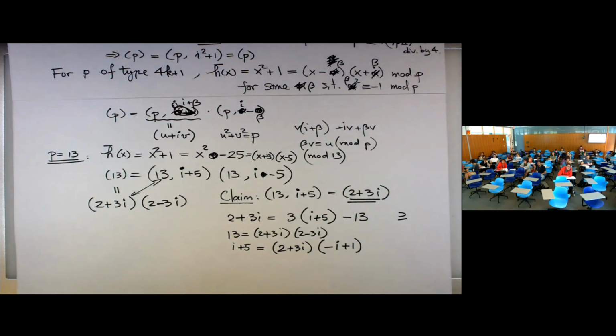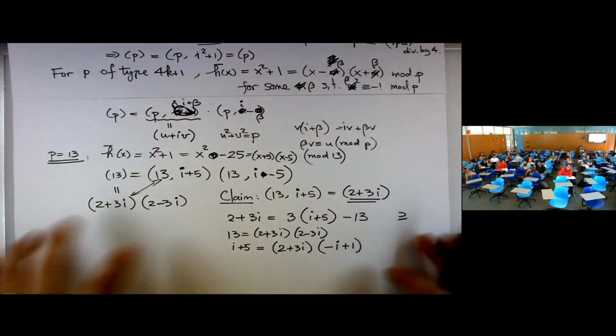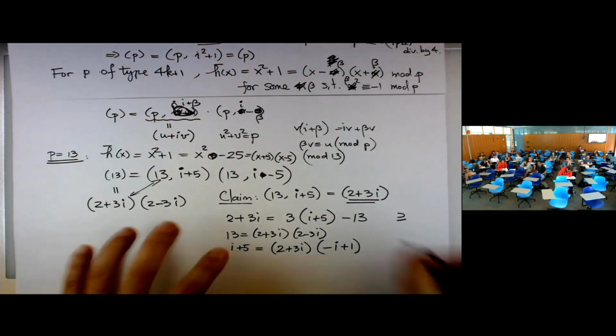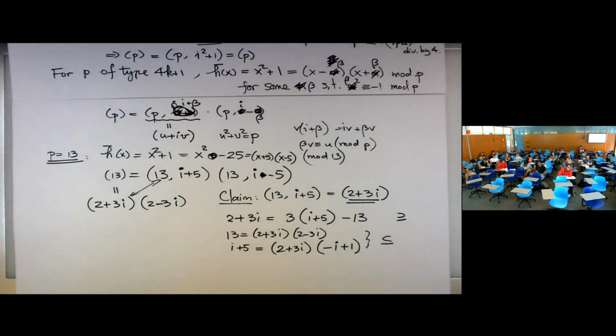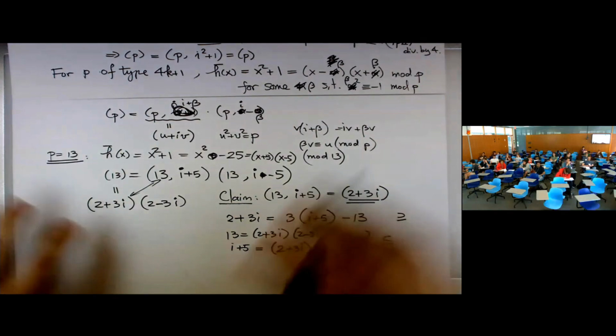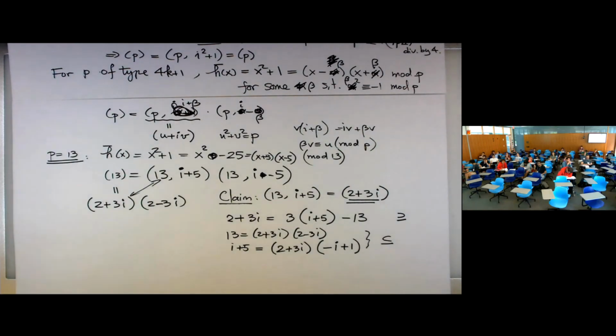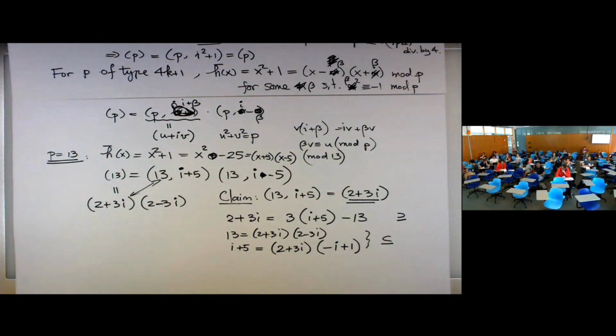It works. Okay, so these two show the other inclusion. So this is how this theorem compares with the factorization we have known before. Are there any questions?